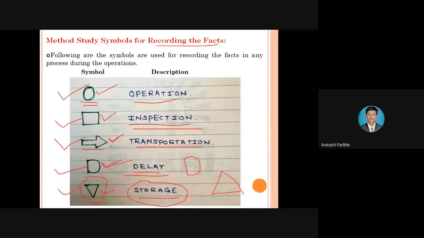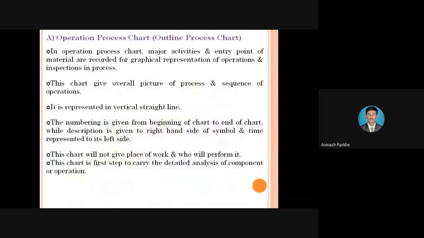So the chart is one of the most popular methods used for recording the facts. In addition, it gives an adequate description of the activities. Whatever activities we perform on the raw material can be recorded using this chart.